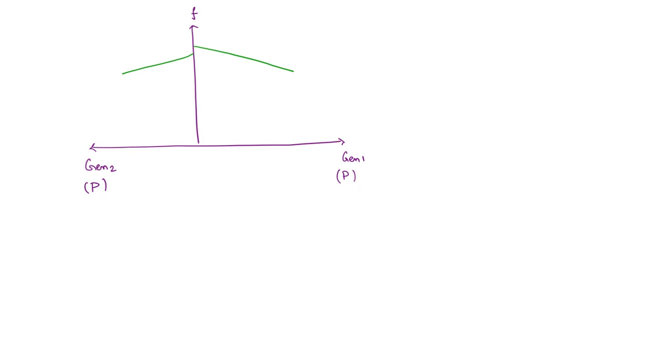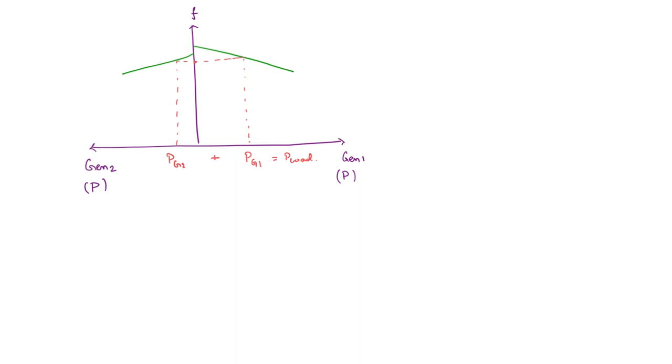When they are operating in parallel, let us say this is the operating frequency. They will be operating at the same frequency. So what will be the power shared by generator 1? It is Pg1, and by generator 2 it is Pg2.